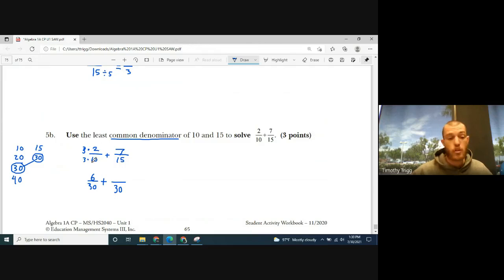That's equal to 2 out of 10, but now it has a denominator of 30. Okay. Make sure you're multiplying both numerator and denominator by the same number to get an equal fraction. Here, 15 times what gives me 30? Well, 15 times 2. So that means I need to multiply the numerator by 2 as well.